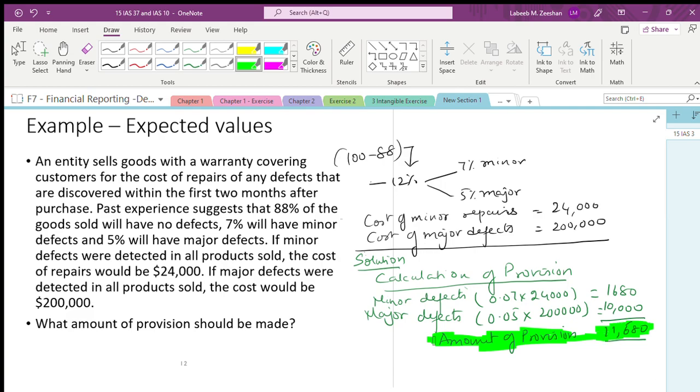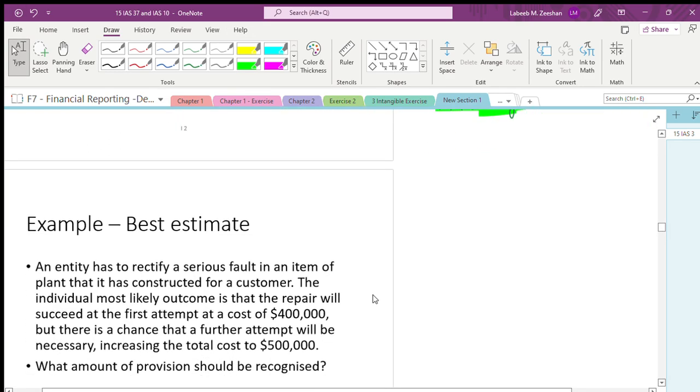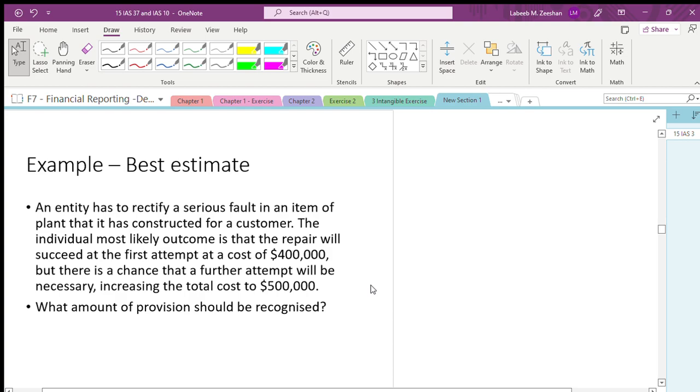Are you clear? Fine. An entity has to rectify a serious fault in the item of plant that is constructed for a customer. The individual most likely outcome is that repair will succeed at the first attempt at a cost of 400,000.